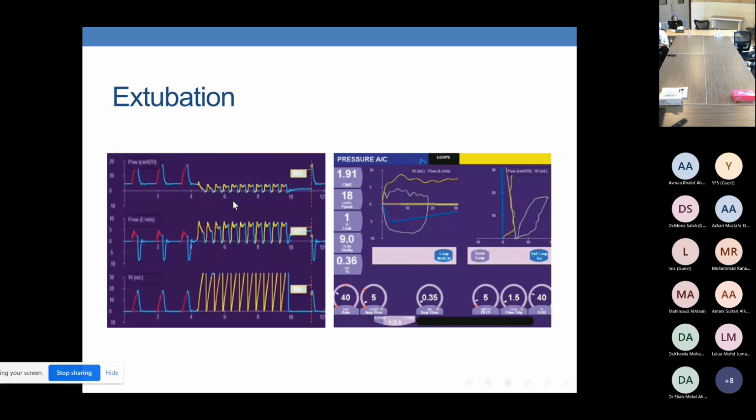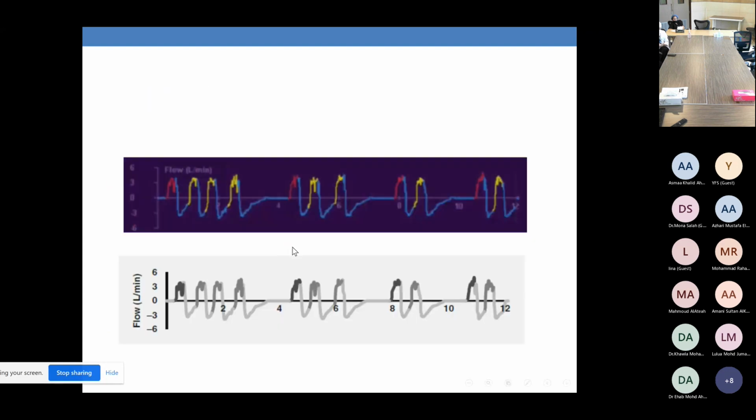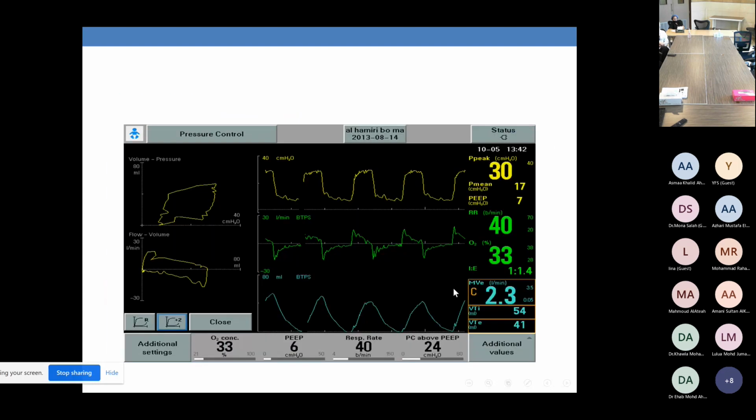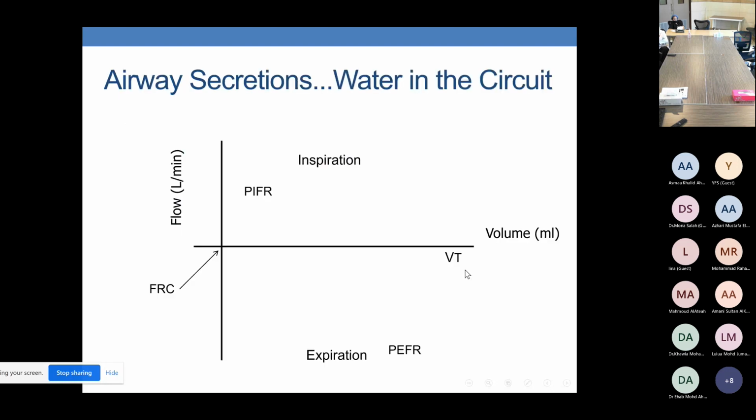Okay, so this is extubation. These are the three causes of autocycling. It can be secretions, it can be a leak, or it can be total dislodgement of the ET tube. This is turbulence. Turbulence means secretions or water in the ET tube. Again, turbulence, secretions.